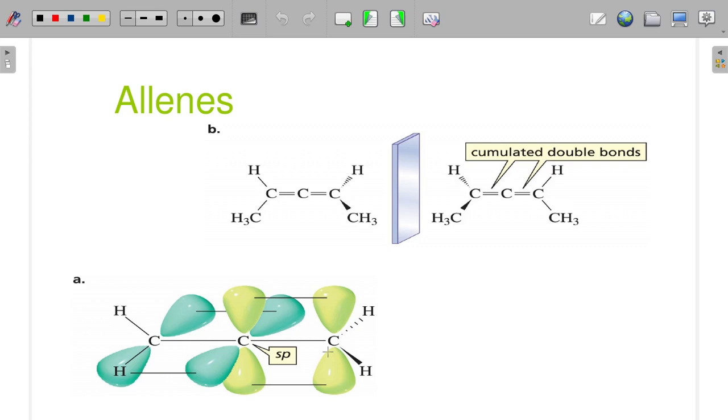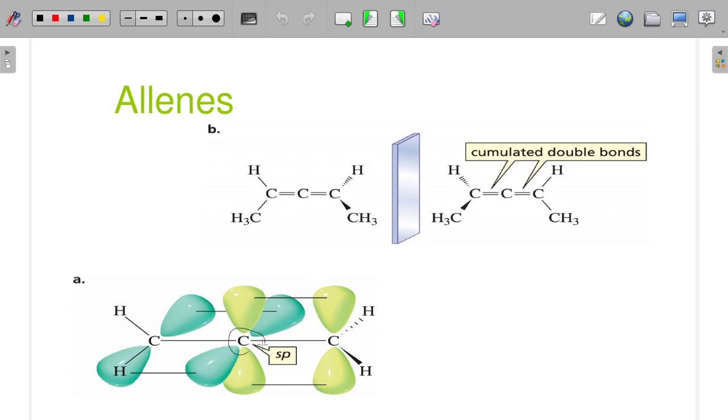All right. The next diene we have to talk about is our allenes. Now, allenes have double bonds right next to each other, so one carbon is double bonding twice. This creates a weird stereocenter. That's what we're drawing the mirror here for.